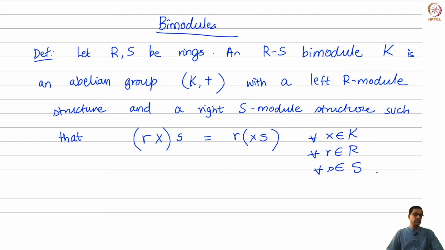We say it's an RS bimodule because R gives the left module structure and S gives the right module structure. So here are some examples. Bimodules, by the way, are extremely common. In many situations you actually have bimodules. Here is an example.